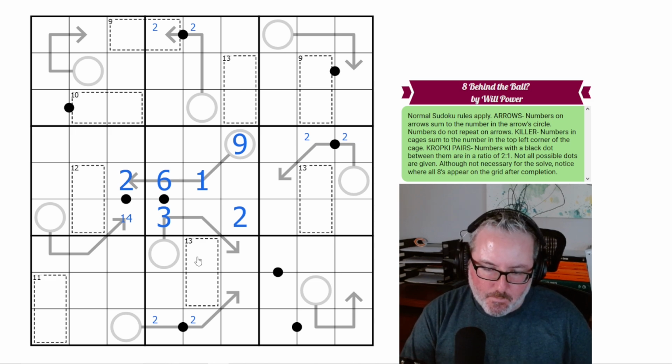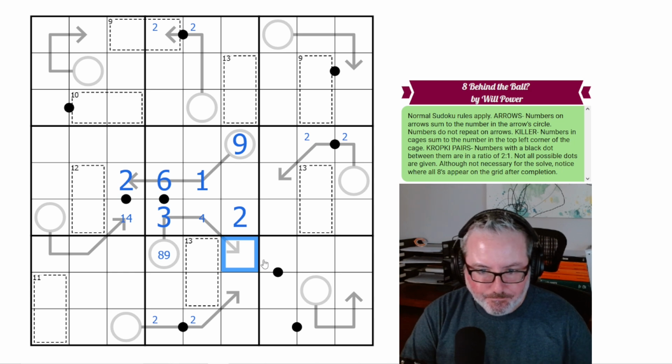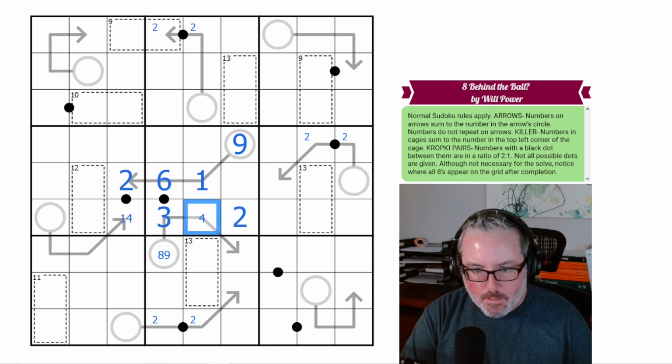So now we've got a 3 here. The very least this can be is a 4, because we already have 1, 2, and 3 in this box. So this is at least a 4, which means this is at least a 7 already. So this has to be either 8 or 9, because we have to add something to it at the bare minimum. I think what we can say is this could go up to a 5, 5, 6, 7, 8 plus 1.